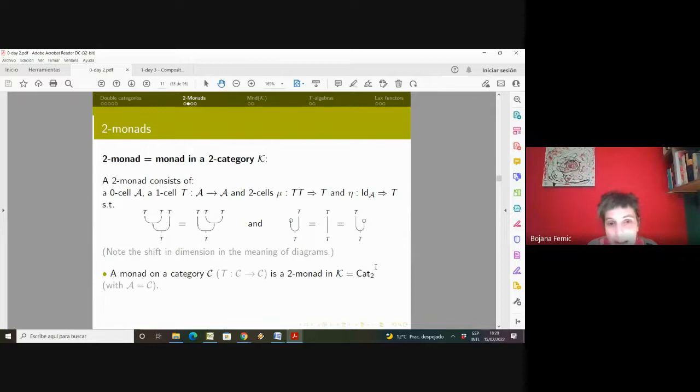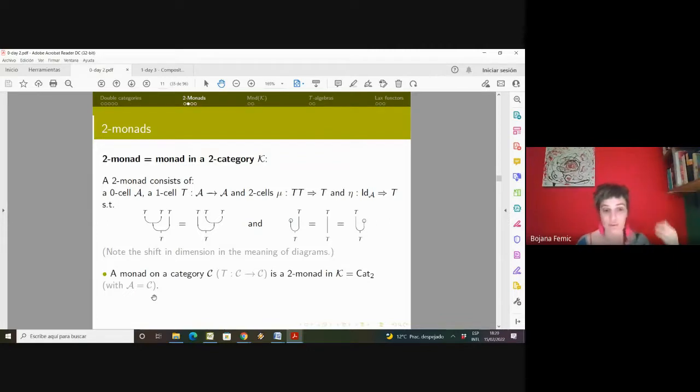Okay, now an example. This is to connect with an ordinary monad on a one category. So if T is a monad on the category C, it is actually a two monad, particularly in the two category of categories. So why? Firstly, it needs to be a one endocell over one fixed zero cell. A zero cell in the two category of categories is some category.